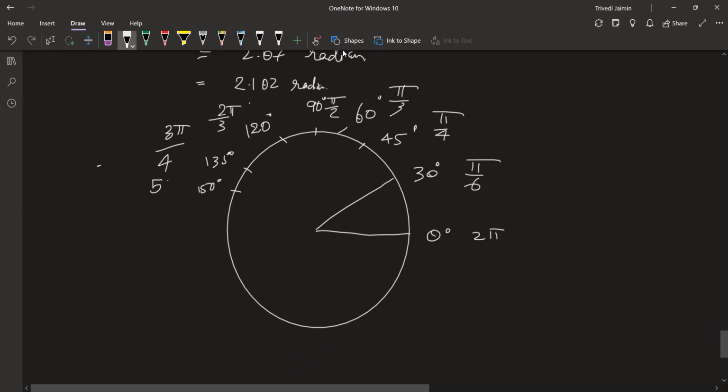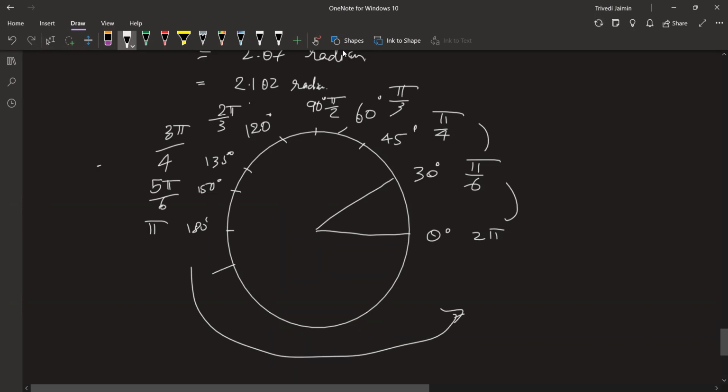Keep adding. 5 pi by 6. 180 divided, how will we get 6? Keep adding. Okay. Then pi will be 180 degree. And so on.